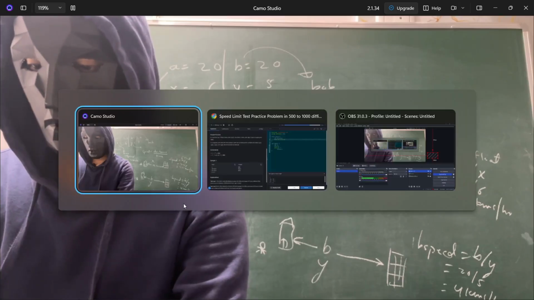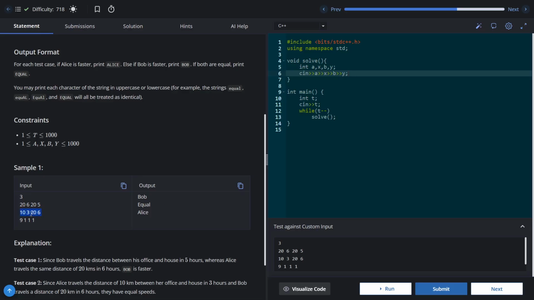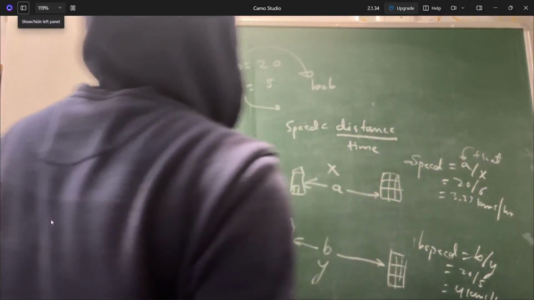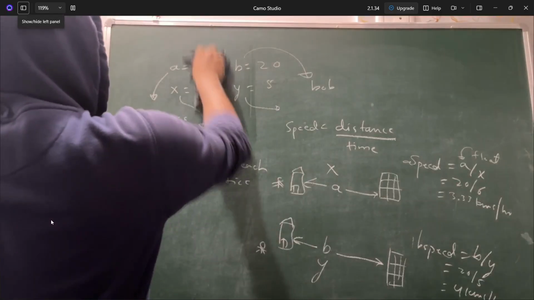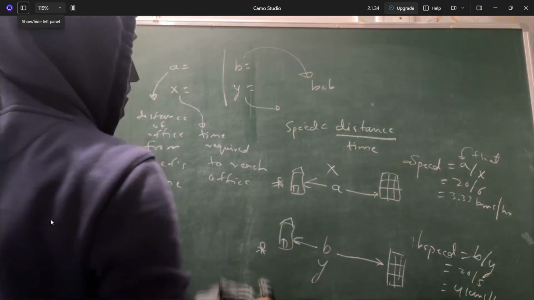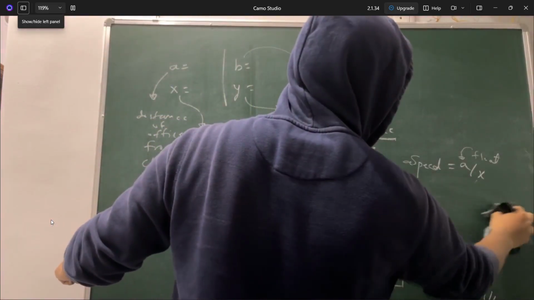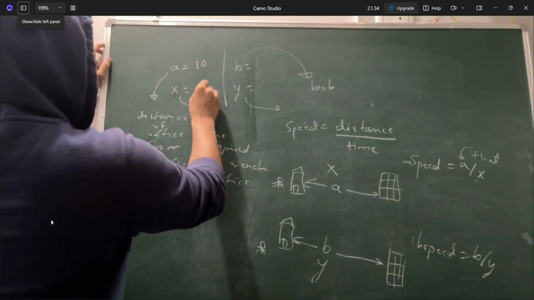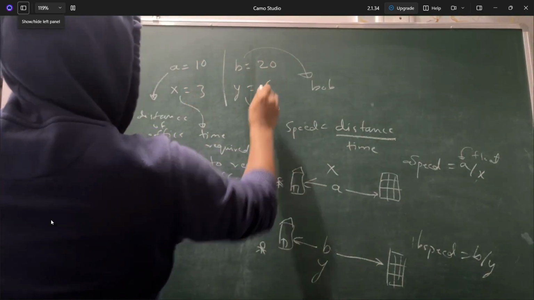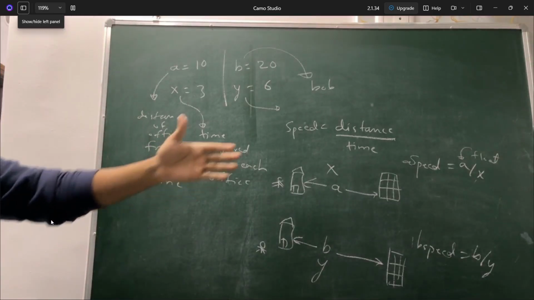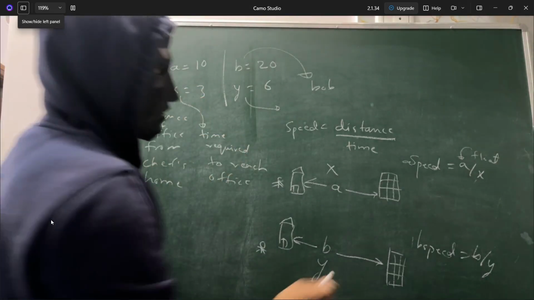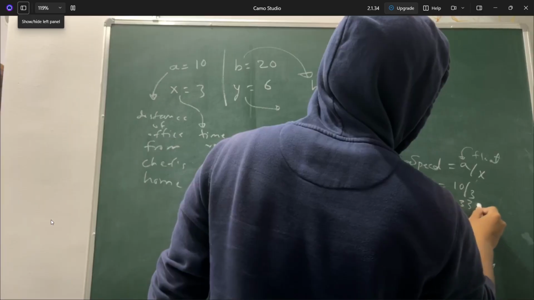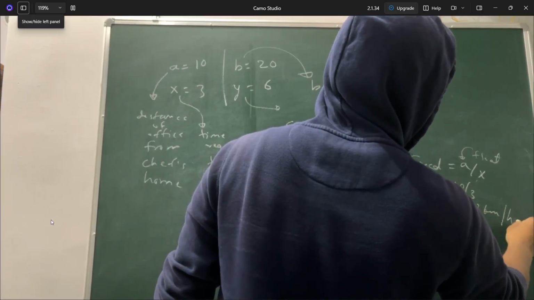So let's understand the second one, 10 3 20 6. Now here, if you want to find the speed of Alice, 10 by 3 comes out to be 3.333 kilometers per hour.